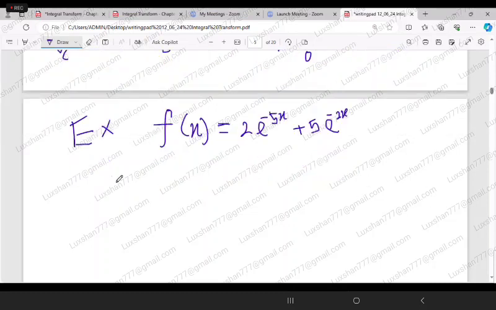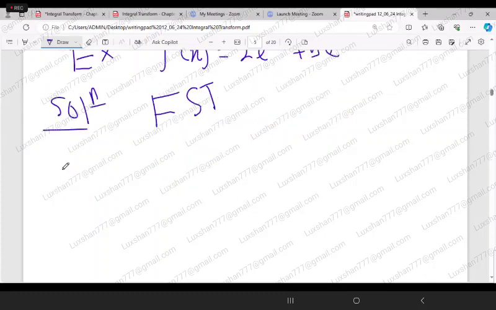First we'll find the sine transform. So, first solution. We'll find the Fourier sine transform. How is it defined? Let me write f bar of omega, s, equal to. Here the s in this notation indicates that it's a sine transform.